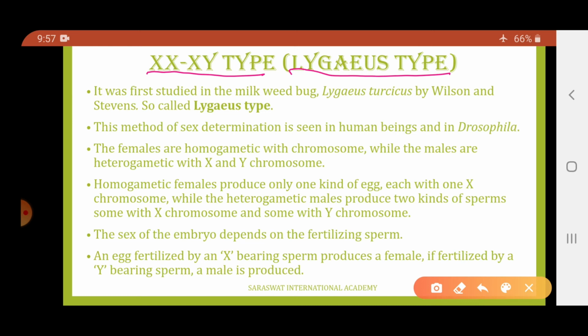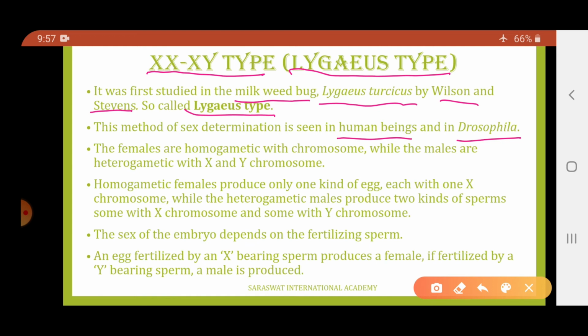Now students, this type of sex determination was first studied in the milkweed bug, Lygaeus turcicus, by Wilson and Stevens, and hence it is called the Lygaeus type of sex determination. Now it is seen in human beings as well as in Drosophila.